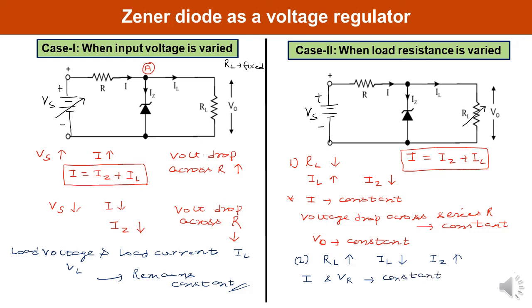Means load voltage will also remain constant. Load voltage is also here denoted as V0. So in both cases, you can observe that load voltage remains constant whether you are varying the input voltage or the load resistance. So this is how the Zener diode acts as a voltage regulator.